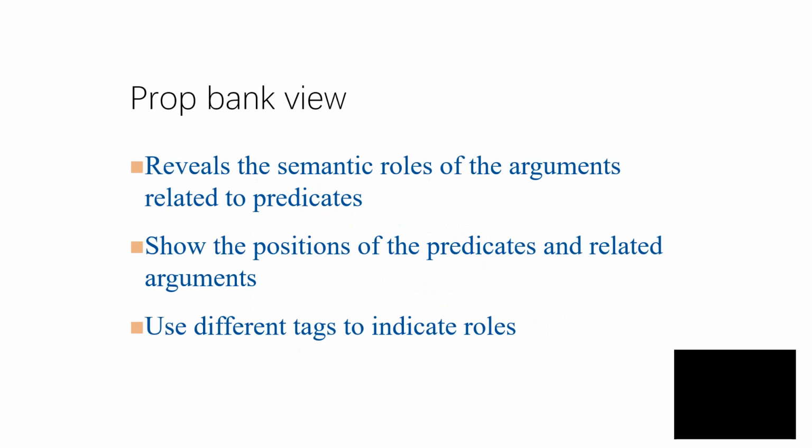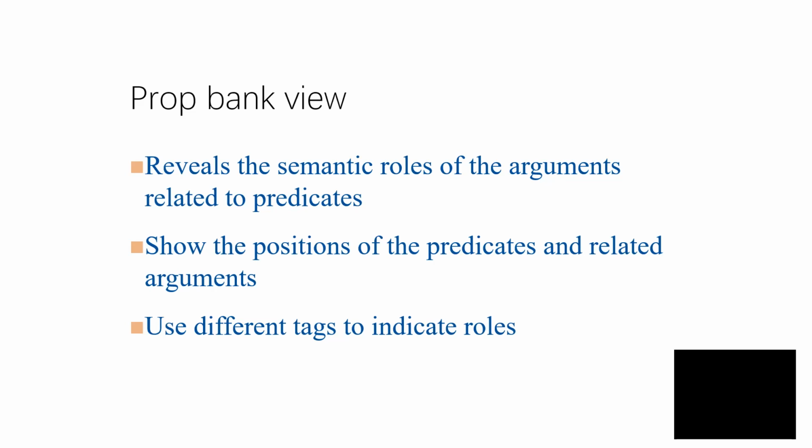Now I will introduce the prop bank view. The prop bank view can reveal the semantic roles of the arguments of the predicates in this sentence. For each predicate or verb, it has some related arguments. These arguments can be a subject, an object, or some modifiers that are related to these predicates.